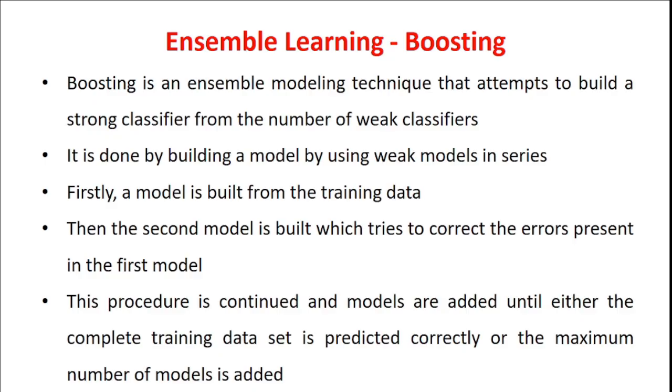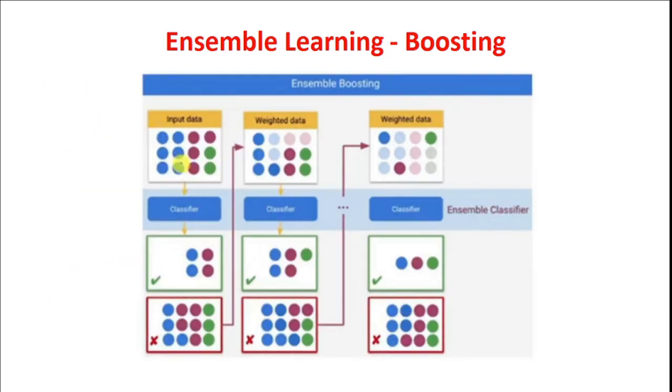In the same way, the purpose of each next model is to reduce the error produced by the previous model, until n models. At last the classifier becomes strong and accuracy improves. This procedure continues and models are added until either the complete training dataset is predicted correctly or the maximum number of models is added.